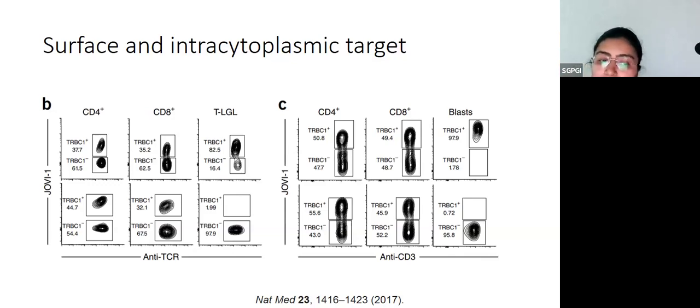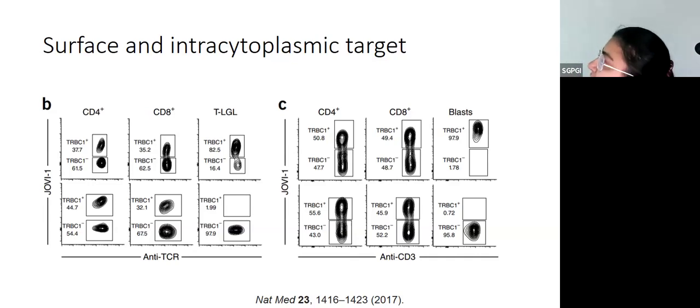It is nearly everything is here. This is another example in which you see that most of your CD8 positive cells are TRBC1 positive. And when you look at the LGL, nearly 100% are sitting as TRBC1 negative. So either everything TRBC1 positive or everything TRBC1 negative in your selected population of interest becomes abnormal.